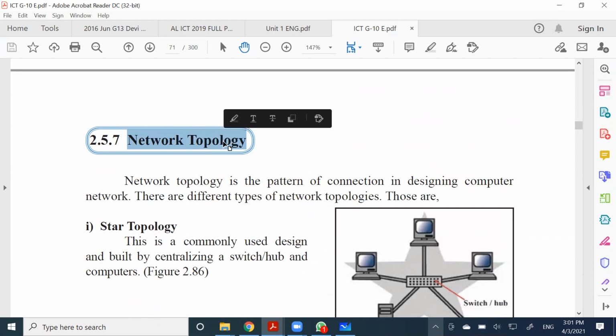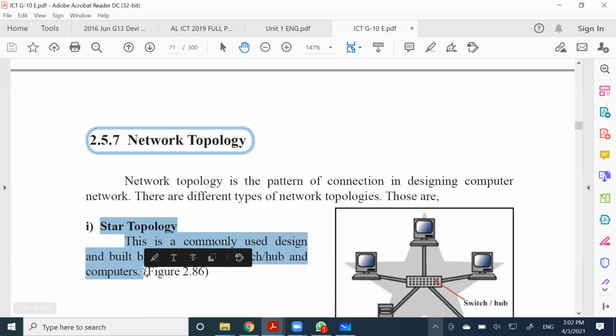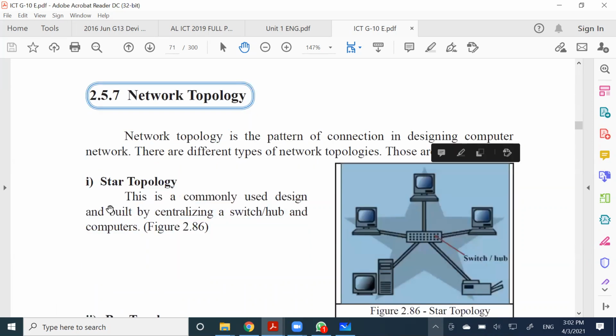It's better you say like that. Network topologies. And yeah, you have to write this down, star topology and this particular single sentence.